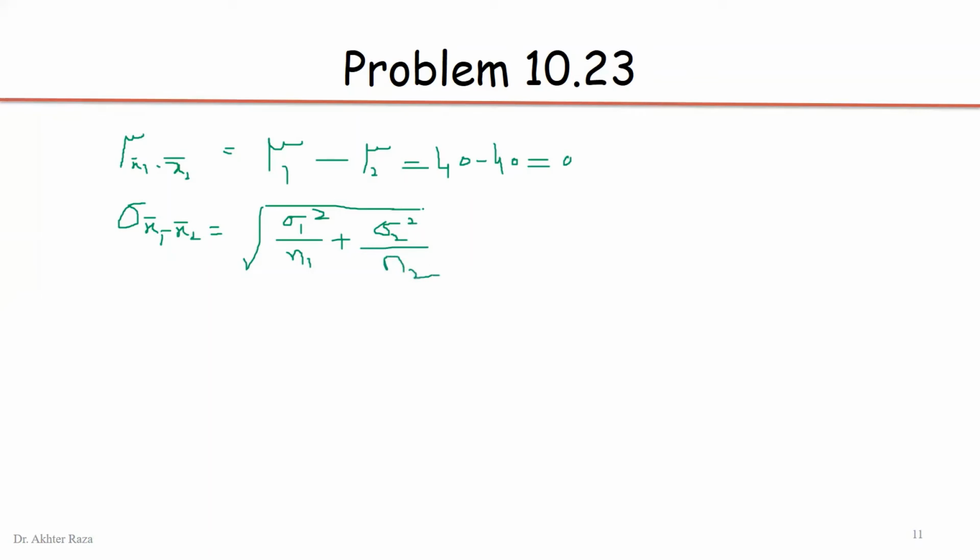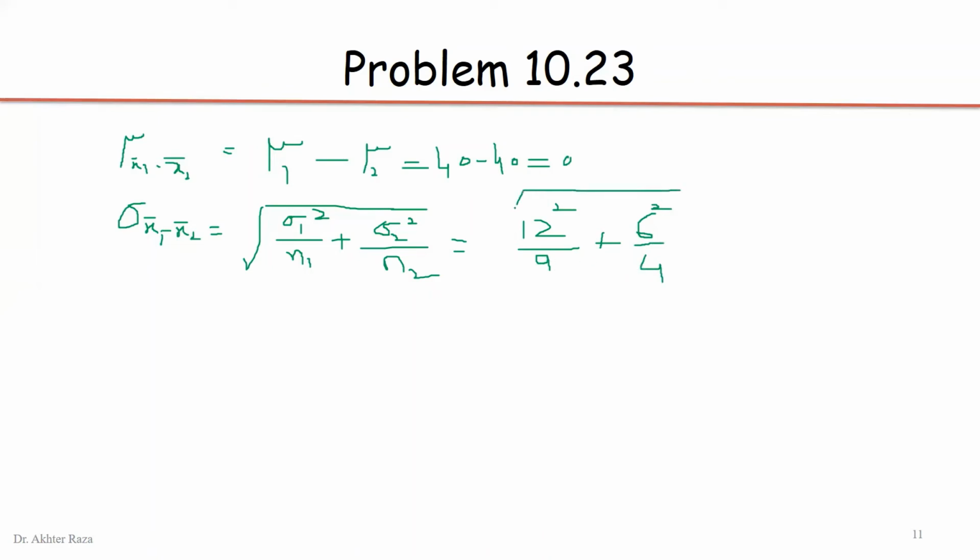So this is equal to the square root of 12 square upon 9 plus sigma 2 square, which is 6 square upon 4, because the sample sizes are given: sample size 1 is 9 and sample size 2 is 4.